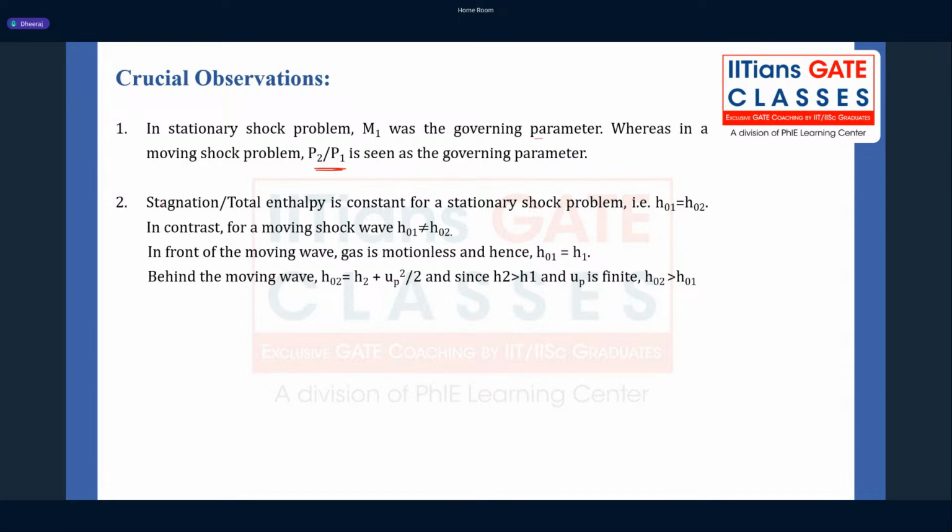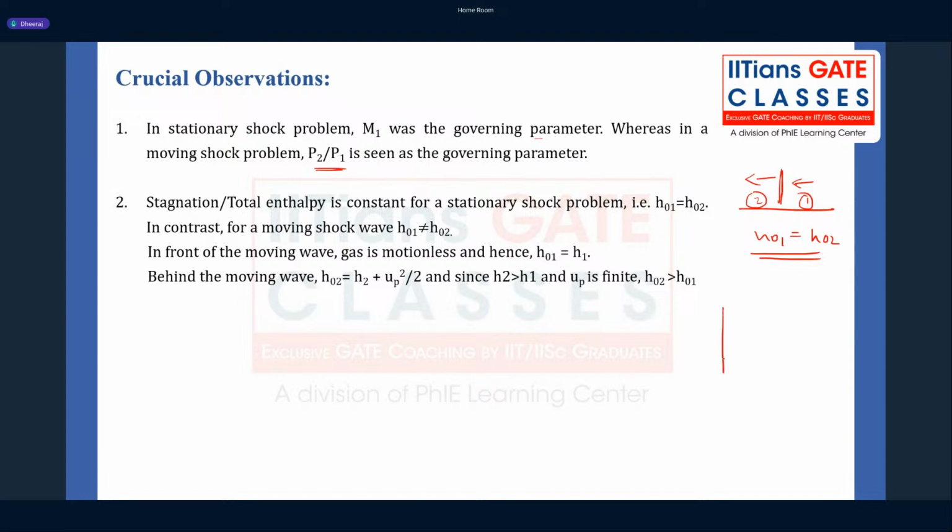Also, the stagnation or total enthalpy is constant for a stationary shock problem, that is from 1 to 2. So here H naught 1 will be equal to H naught 2, as we have seen in the normal shock relations, right?